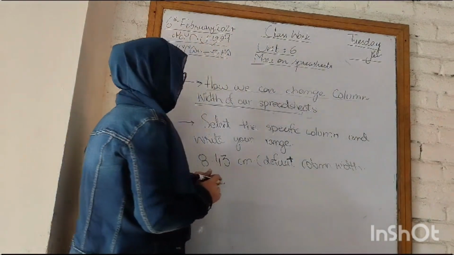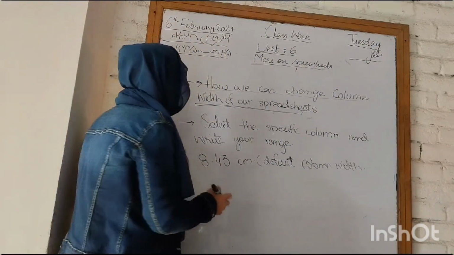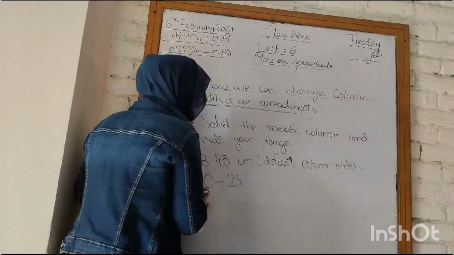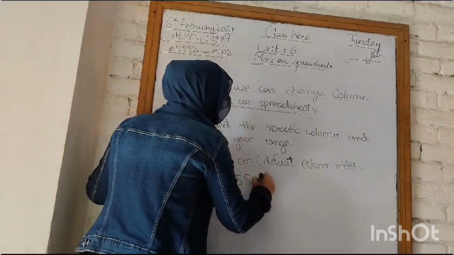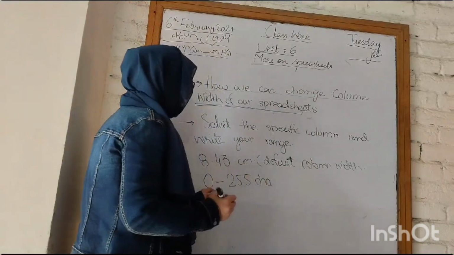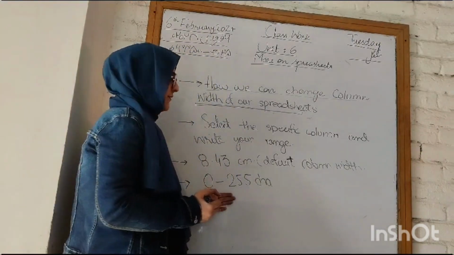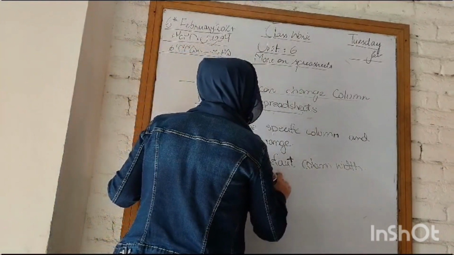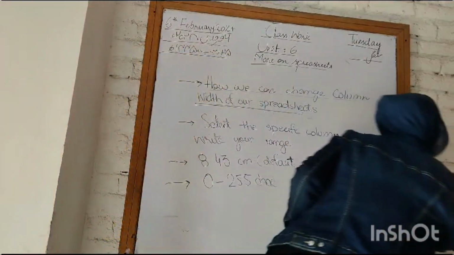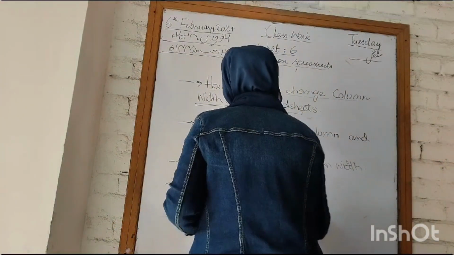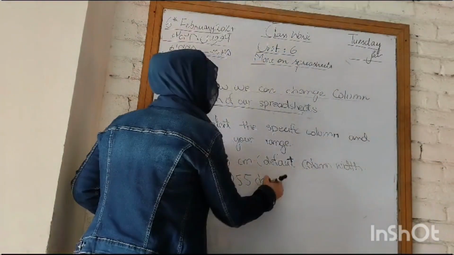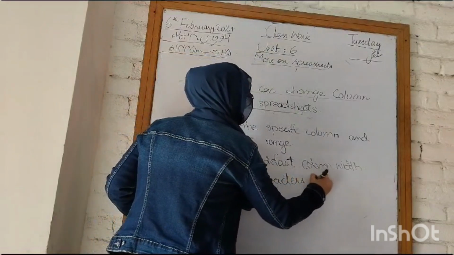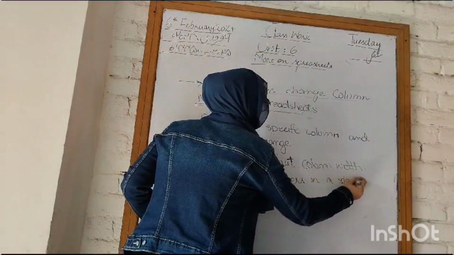The default column width is 8.43 centimeters and the range is from 0 to 255 characters. That means we can enter from 0 to 255 characters in a single column.